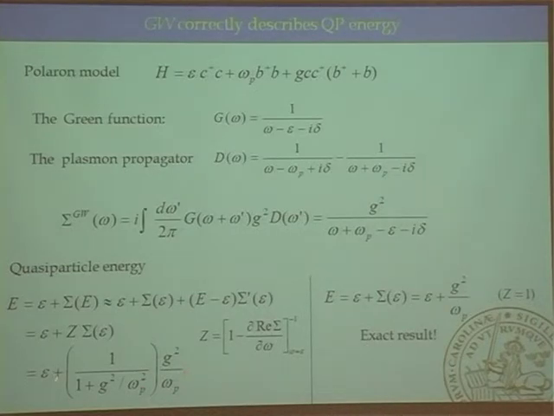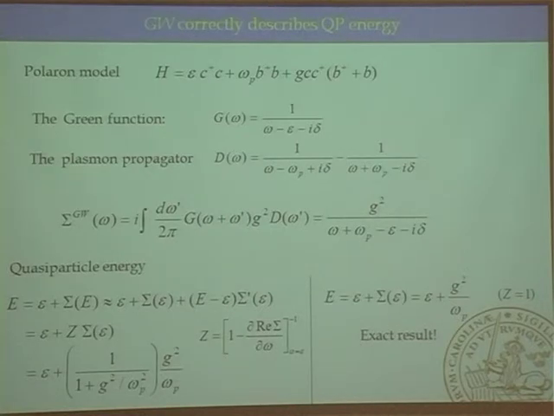GW gives this result here. So you can see that if the coupling constant is relatively small compared to the plasmon energy, then this is a good approximation compared to the exact result.